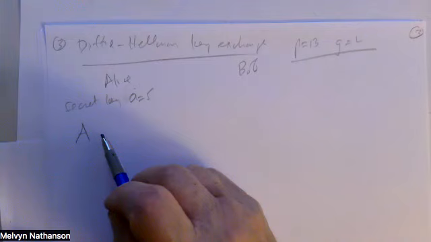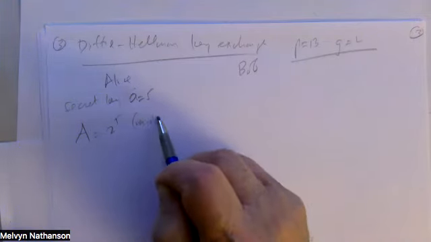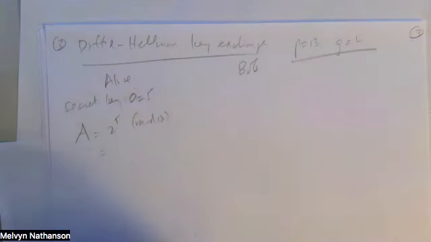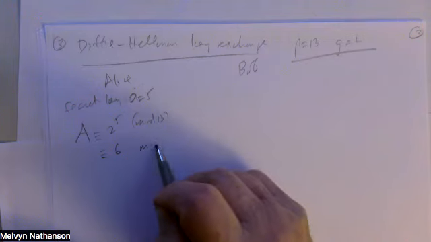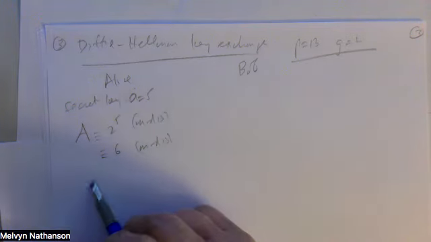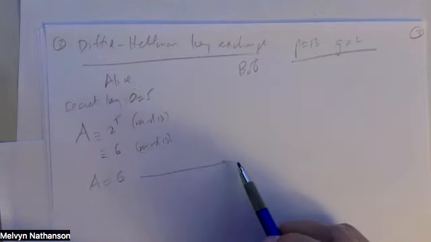And she computes capital A, which is 2 to the 5th mod 13. 2 to the 5th is 32, which mod 13 is 6. So Alice sends the number 6 to Bob.